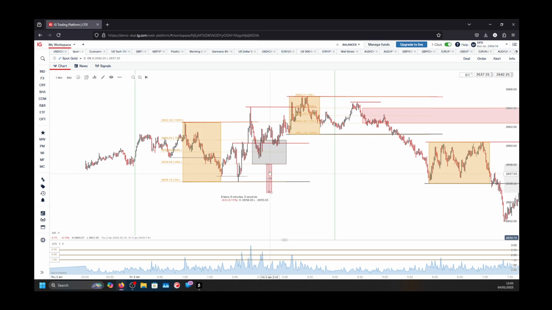So come back to the 70% zone, get in there, 30 pips stop, get out at the high. So I'm getting out for about 60 pips if I'd got into the trade. So it's a 2-to-1 trade.